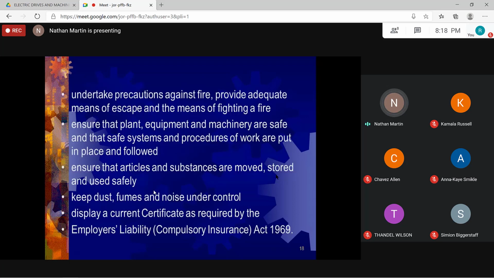All right, these are some other points, right? Undertake precautions against fires. Provide adequate means of escape. If you realize, this was one thing that we did by engineering at UTEC, they put up a lot of escape staircases, the red staircases that are made of iron. That's because UTEC is considered a plant, right?